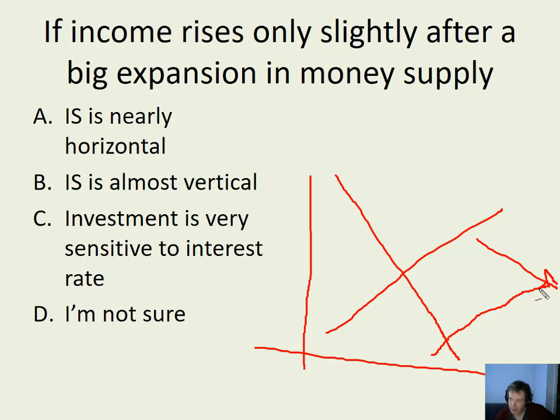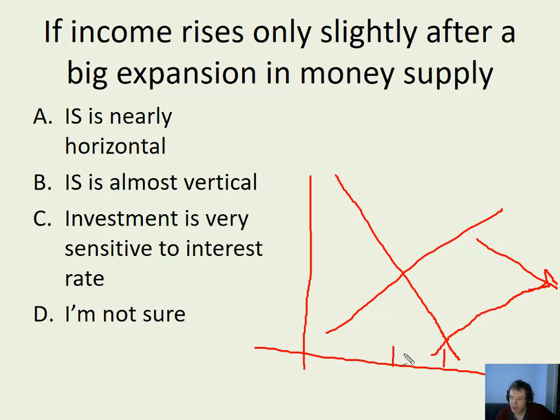So we'd expect to have, from here all the way up to here, this big increase in output, but in actual fact, we only get some piddly thing to here.